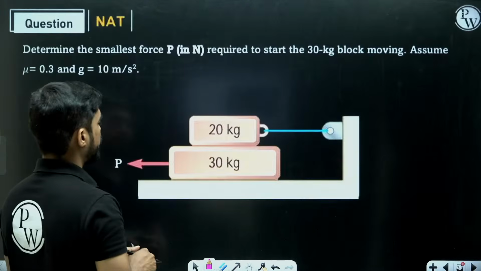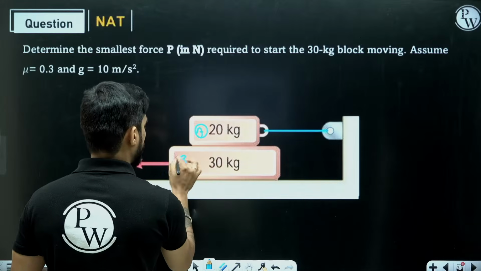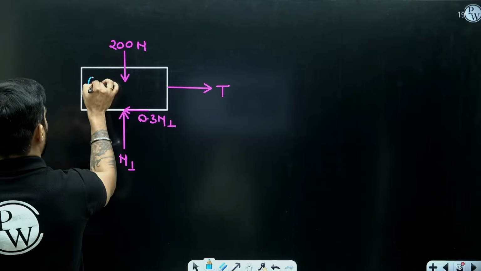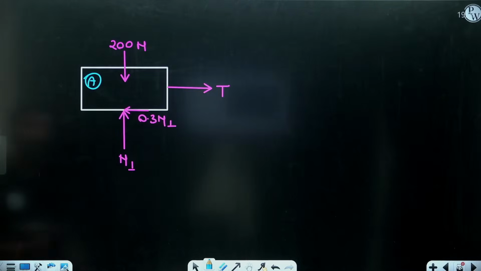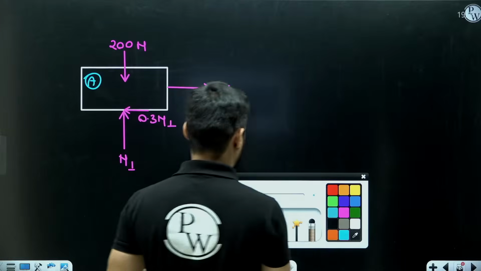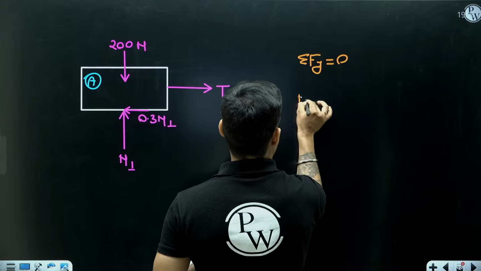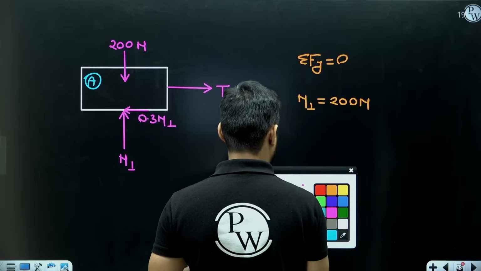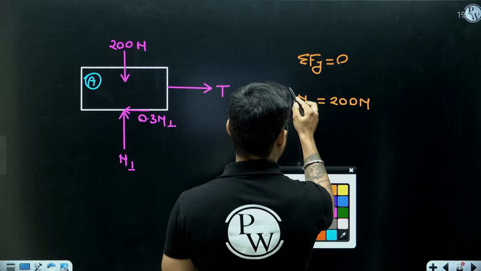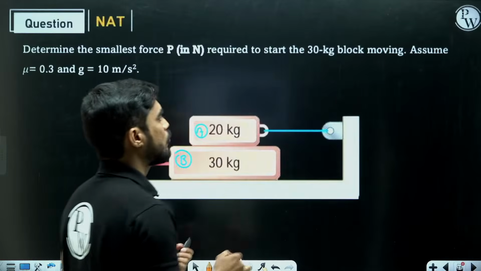Let me name them. Let me call it block A, and let me call it block B. So this is block A and this is block B. Now from here I will get N1 equals 200. Summation of Fy equal to 0, so N1 will be equal to 200 Newton. I don't need to find the value of T. So N1 I found, 200 Newton.